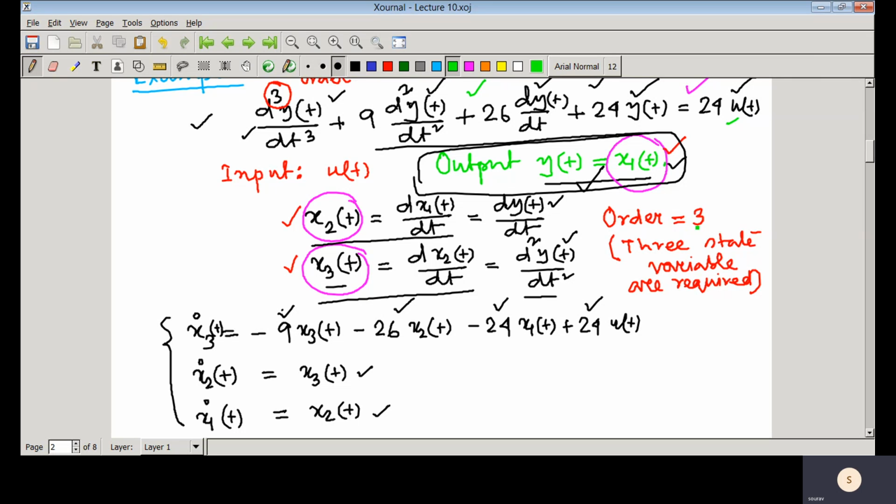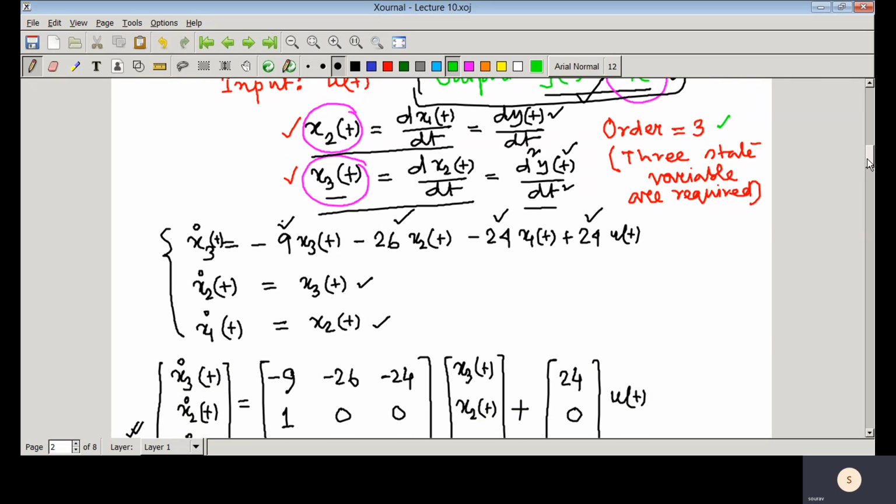The number of state variables is dictated by the order of the differential equation. Here that order is 3, so you need 3 state variables to describe that system. And just by defining state variables and following this technique, you can represent that differential equation in matrix form.